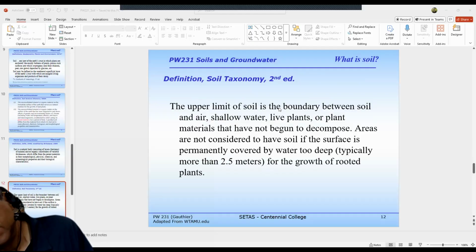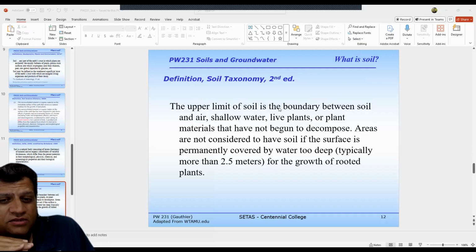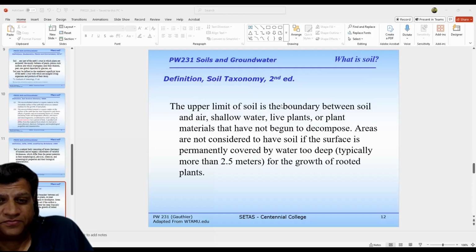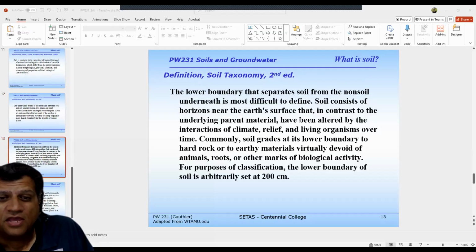But the upper limit of soil is between the air and the lower limit. That depends on who you ask. I consider soil to be all the material to the top of weathered bedrock. But it depends on who you're talking to.